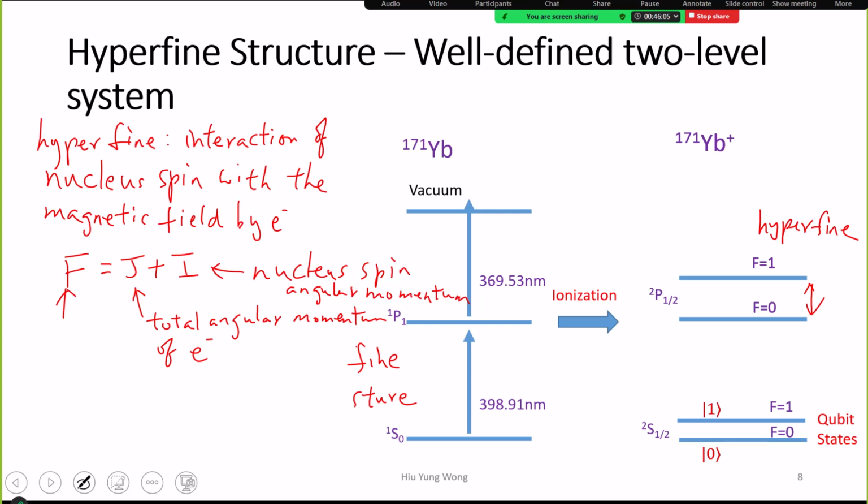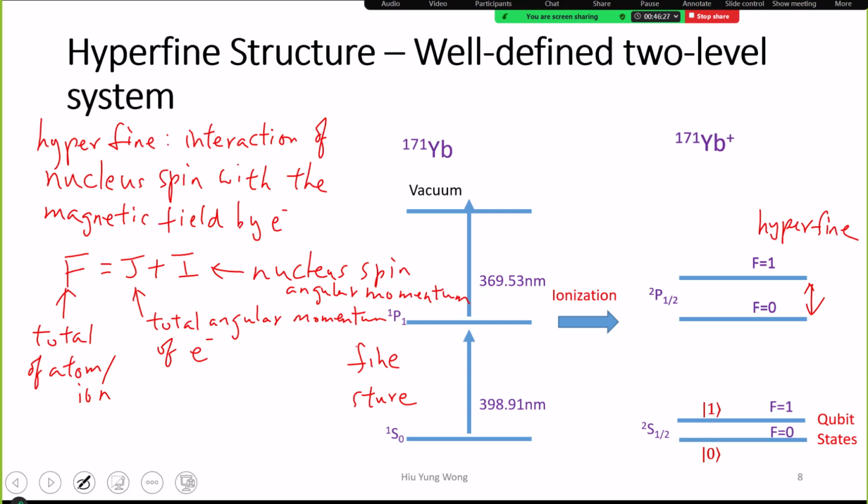Okay, so now I just add the nucleus into the picture, and this is the total of the atom or ion. Now it's the whole thing, not just the electron itself. So you have this F. Is the logic clear? Don't care about the math.